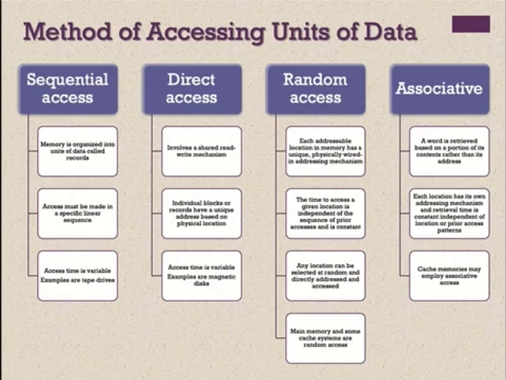So the access is actually a linear sequence, and in order to go forward and backward, you need to go through all the blocks, all the records in the data. Like going to song number 10 when you are at song number 5, you have to go through songs 6, 7, 8, 9 until you reach song number 10.